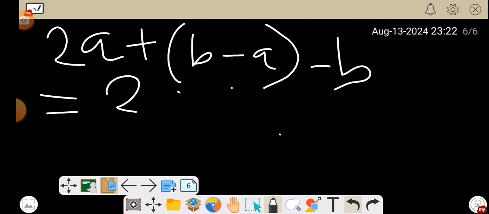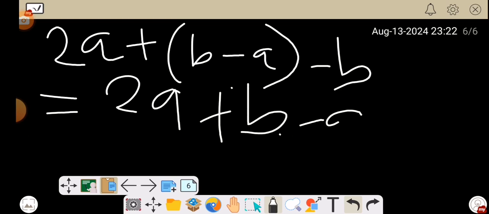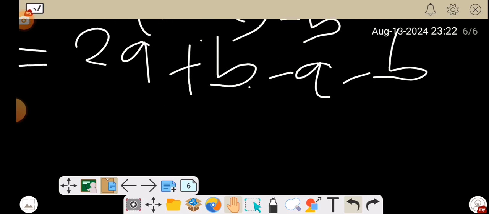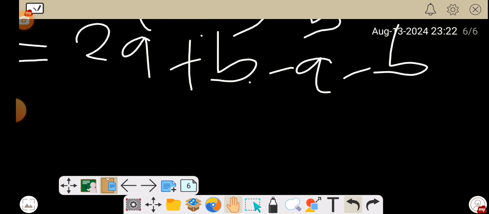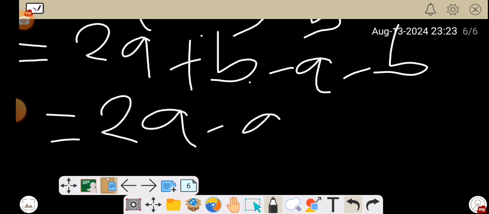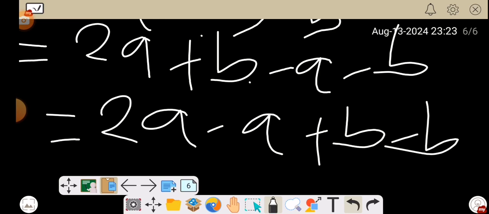So we say 2a plus b minus a minus b. From here we should always collect the like terms. Then what are the like terms here? We have 2a minus a plus b minus b.